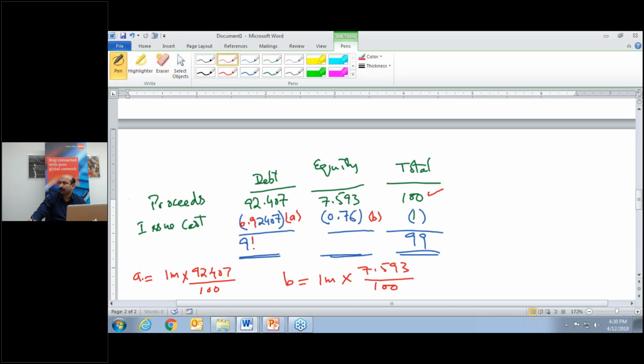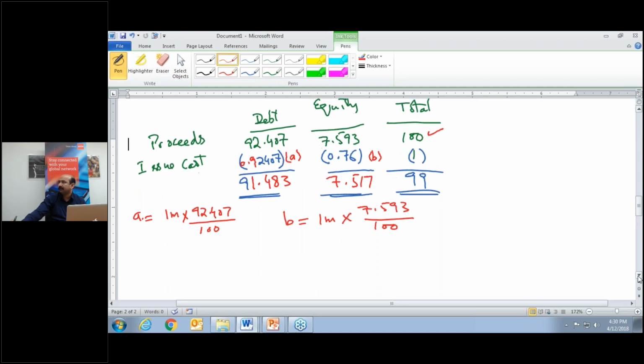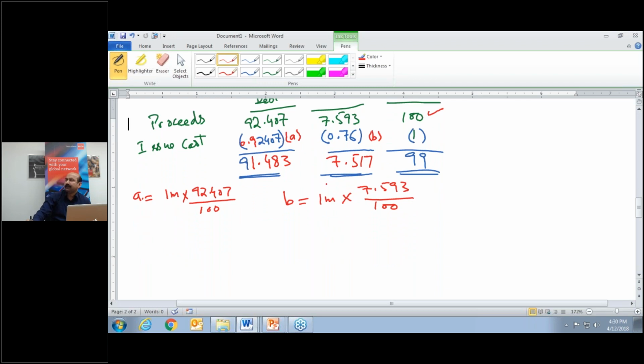So this will become 91.483 approximately, and this will become 7.517. Fab, can you please calculate it? There may be a small rounding difference.